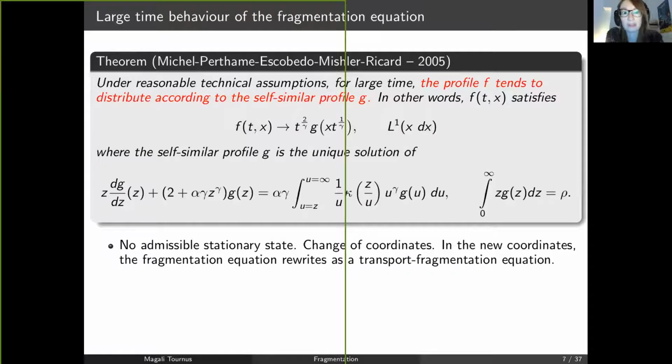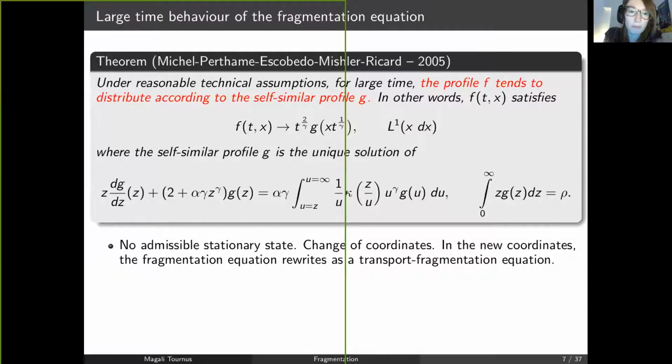So the theorem is as follows. For large time, the size distribution f tends to distribute according to some asymptotic profile, we will call it g. Or in other words, if we perform a change of variable, f of t,x tends to g. The proof is based on a change of coordinates.